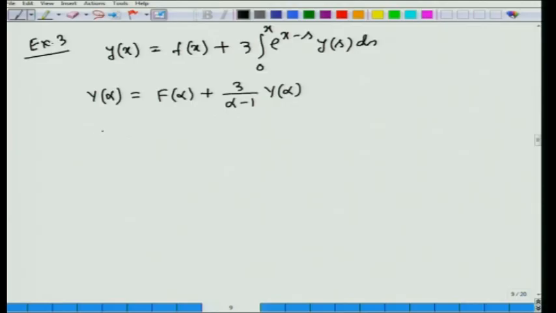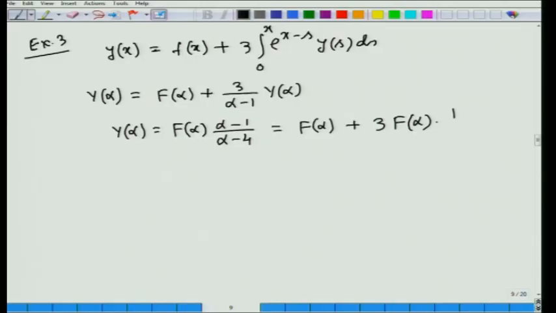Now, if we simplify it, we can find Y(alpha) equal to F(alpha) times (alpha minus 1) divided by (alpha minus 4), and writing the numerator in the form (alpha minus 4) plus 3, we can find from here F(alpha) plus 3 F(alpha) multiplied with 1 by (alpha minus 4).